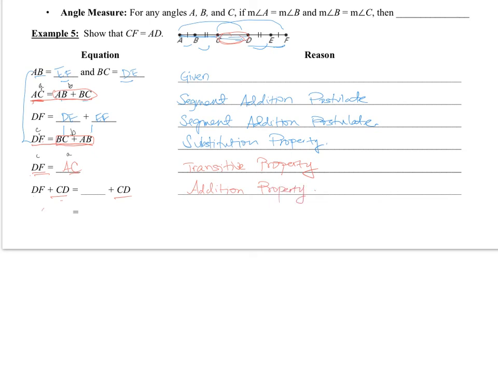And therefore, DF plus CD will be my CF, and then AC plus CD will be my AD, and this will be substitution property. And I have proved it. And this will end the lesson for now, and we will continue to solve more difficult proofs in class.